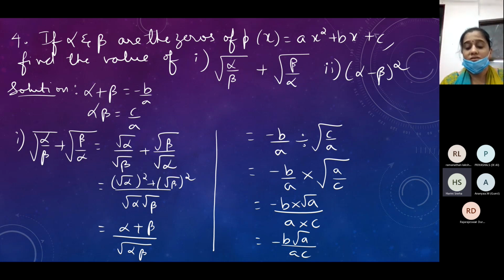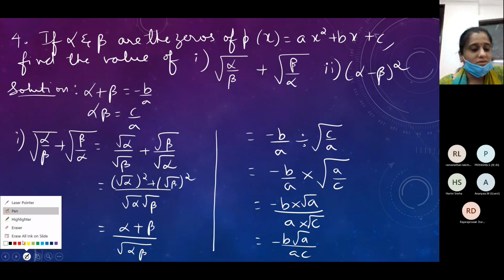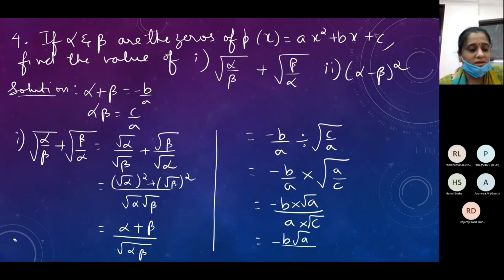Yes, ma'am. But C also has a root, no, ma'am. Oh, I forgot to write that. That's what I said, please check if I've gone wrong somewhere. I forgot to write root c, children. Sorry. Who's that? Harini or Sneha? Sneha, ma'am.